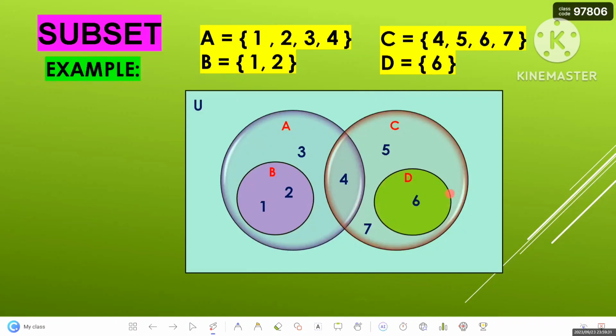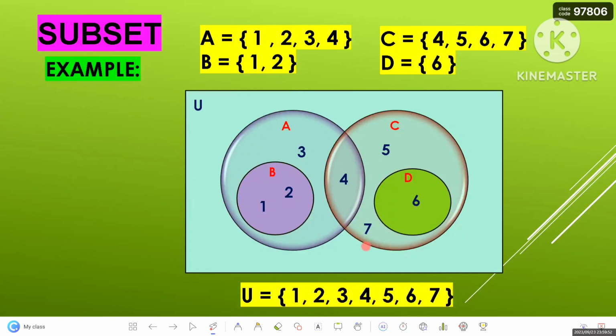So, this is your set D. As you can see, if you get all the elements under this union set, makakabuo na tayo ng 1, 2, 3, 4, 5, 6, and 7. So, this is our union set. See, ganun lang siya kadali kung pag-iisipan natin kung saan ilalagay ang bawat elements.